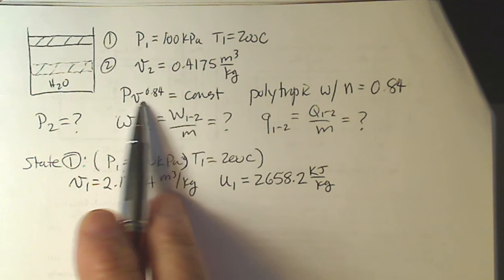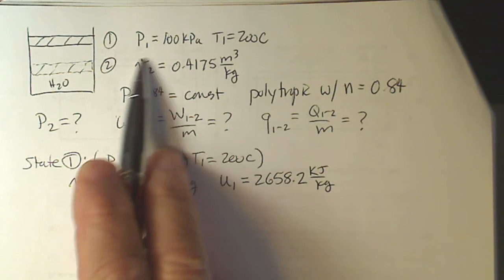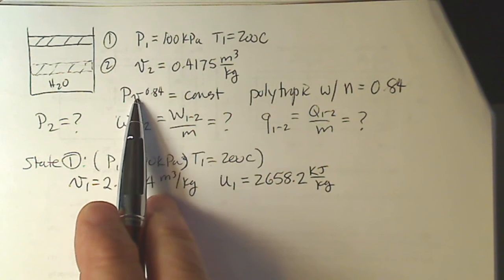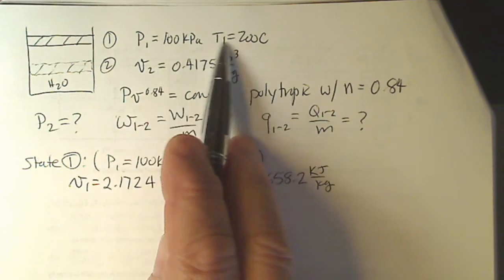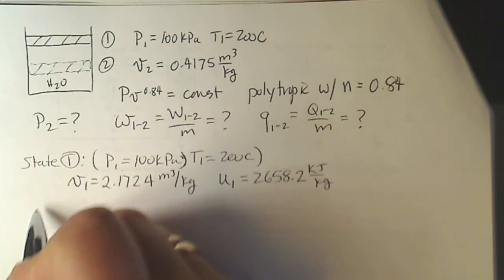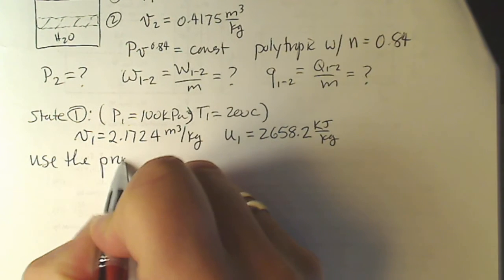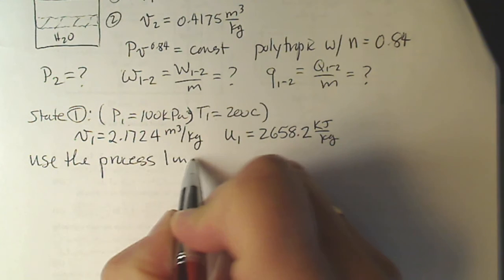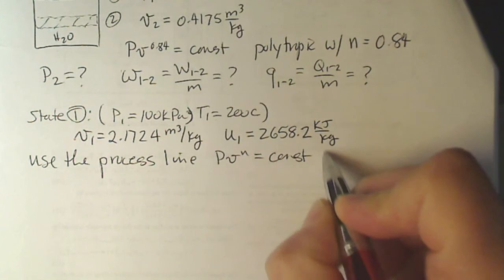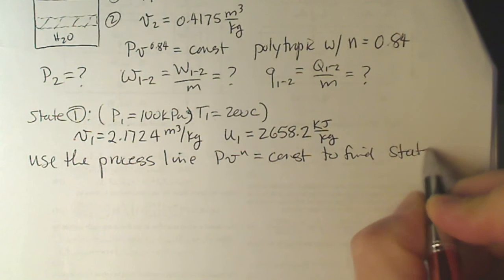By following this path, using this relationship, we can tie the unknown property in the second state, pressure, to the information from the initial state, pressure and specific volume. So let's use the process line to find state 2.